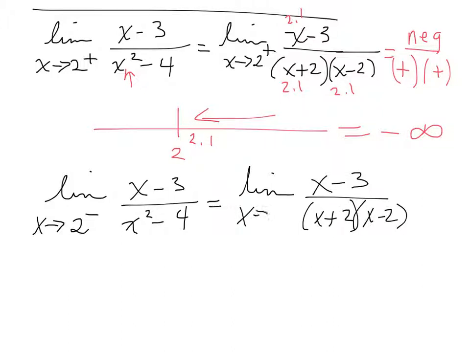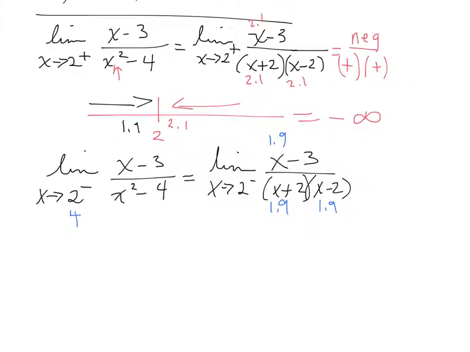But again, I'm looking at values on this side, so how about 1.9? I'm looking at each one of these factors, and I'm looking at values very, very close. You might say, why not pick 0 or something? You want something close. Why? Because that's what a limit is. It says what's happening as I get close to 2. Well, this is certainly really close.